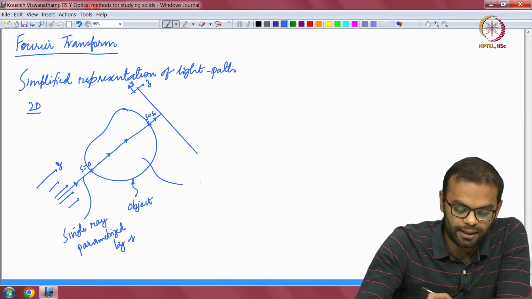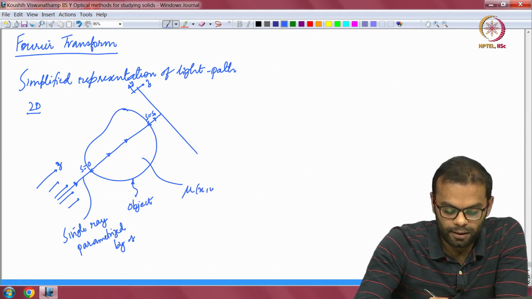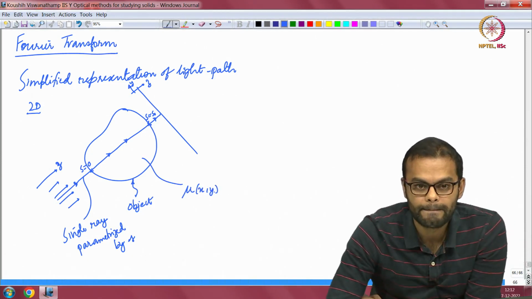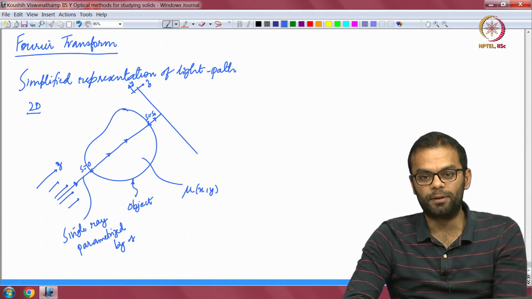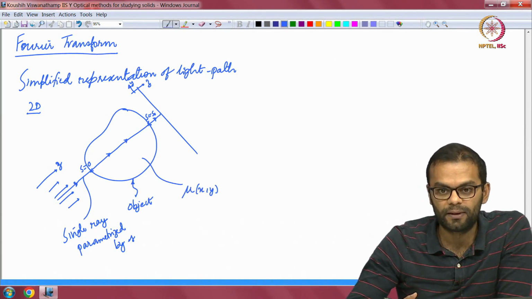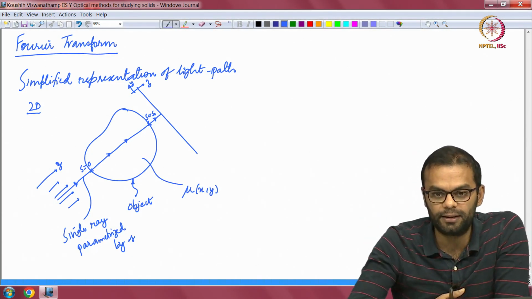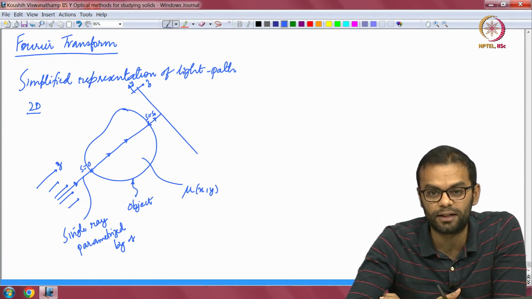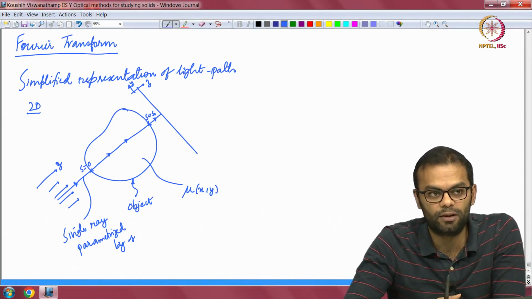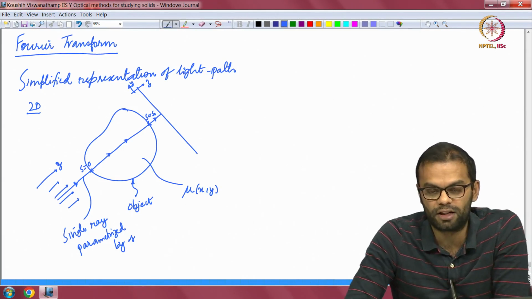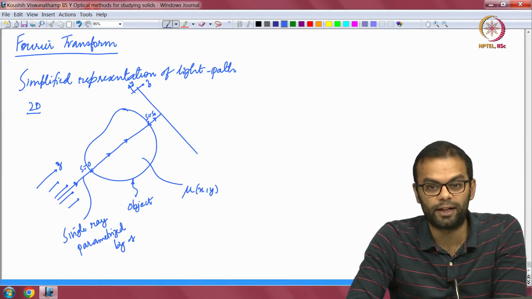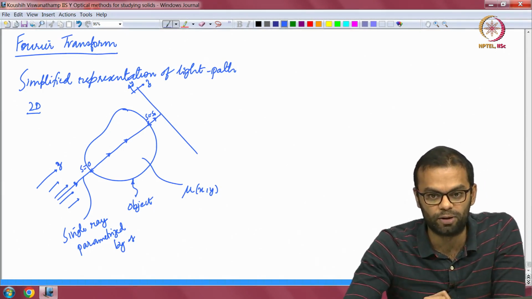Now let us assume that the material has some absorptivity called mu. This is a general property, we do not have to specify what physically mu corresponds to. It could correspond to X-ray absorptivity, it could correspond to density, it could correspond to various things depending on the context, we will talk about that in a minute.